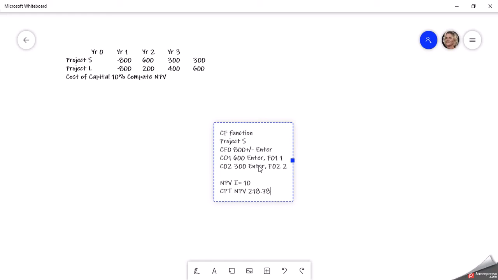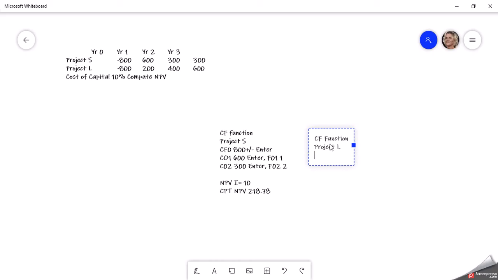Okay. Then we'll go ahead and do the same thing for project L. So again, our CF function, and then we go into project L. Cash flow for year 0 is going to be 800, again, plus or minus button.